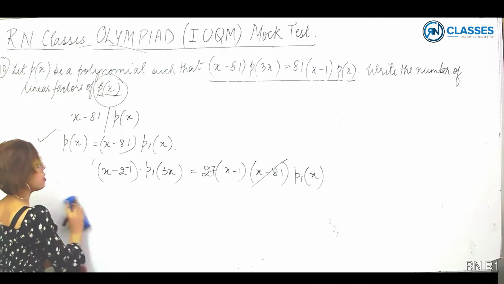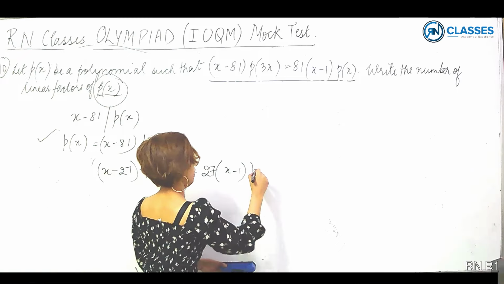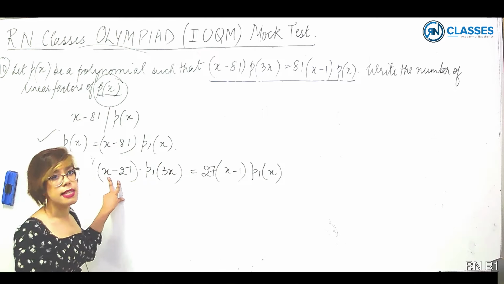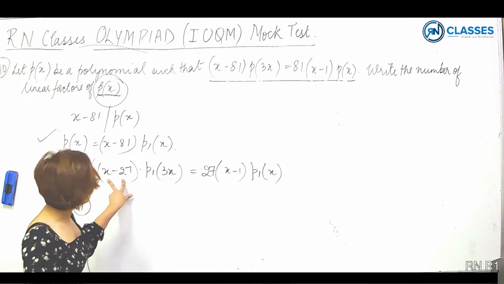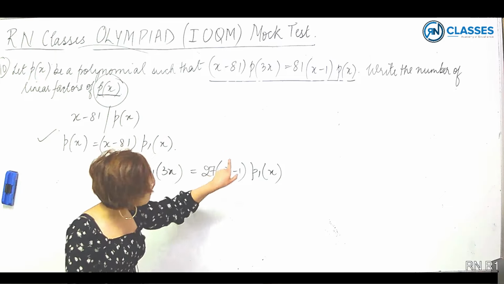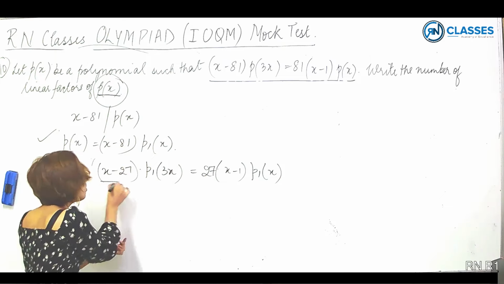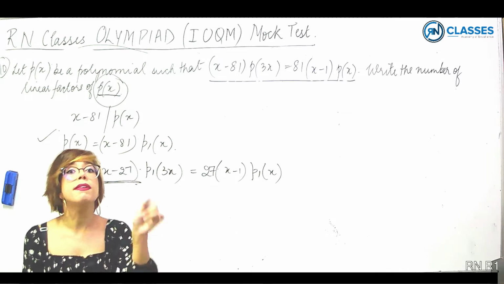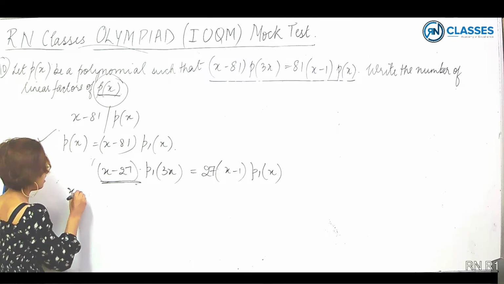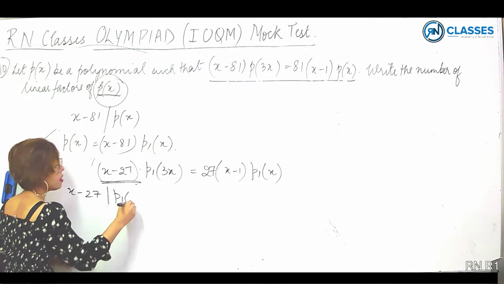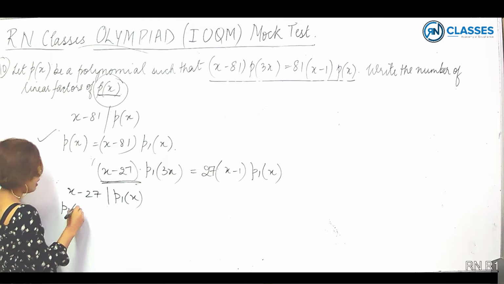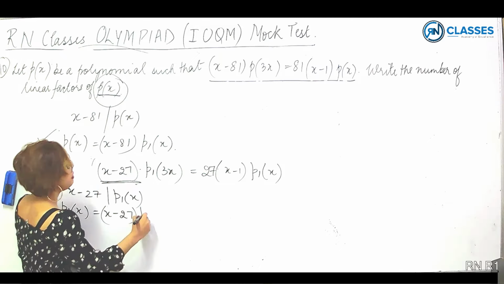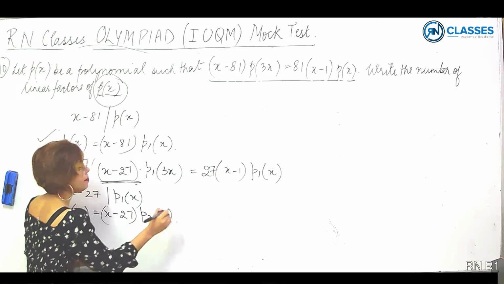So let me remove this and this. Done? Now, x minus 27 is on the left hand side. It has to be present on the right hand side. x minus 27 does not divide this. It does not divide this. That means this factor should divide P1 of x. Now you know a factor of P1 of x. So, x minus 27 divides P1 of x. That means P1 of x को लिखा, x minus 27 आएगा into some polynomial, let it be P2 of x.